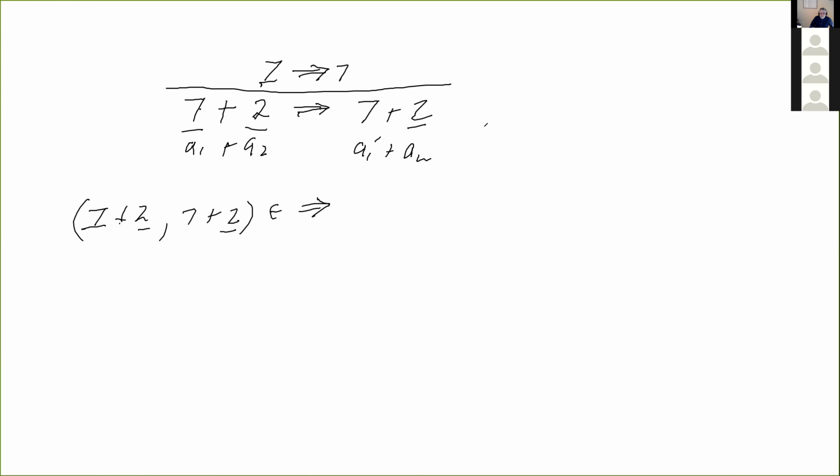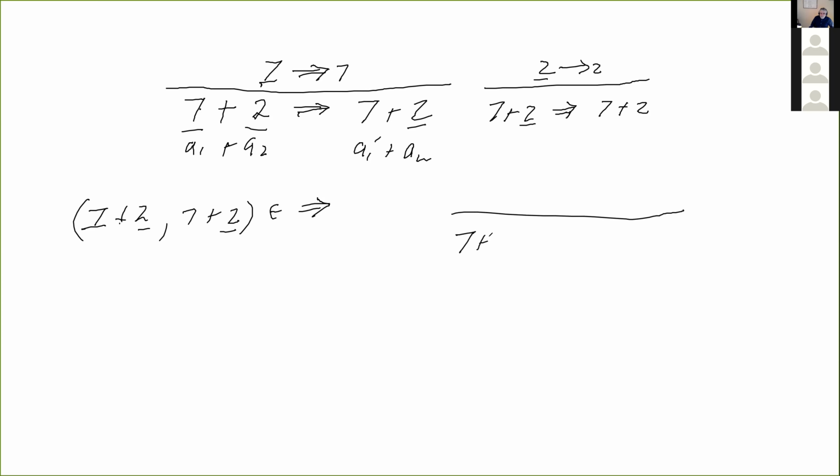But now, from here, I have to do another derivation to get to, or almost to, the end. Then I get to 7 plus 2 because applying the rule, look at this one, 2 goes to 2. So now I know this pair is in the relation. And only now does the rule that says 7 plus 2 evaluates to 9 hold.